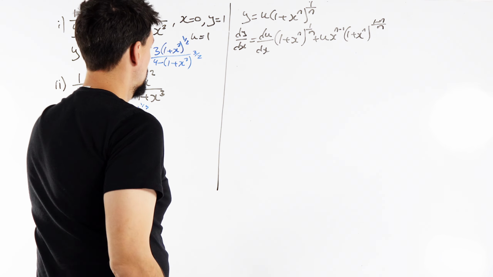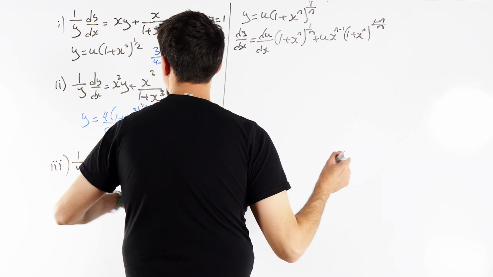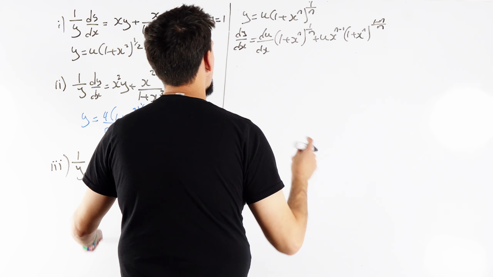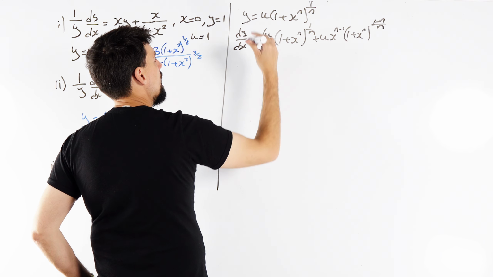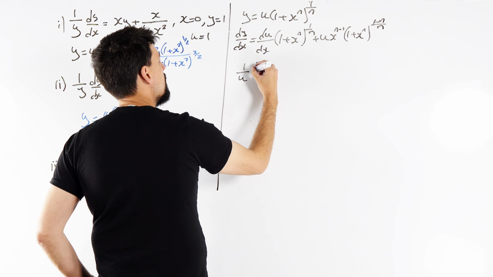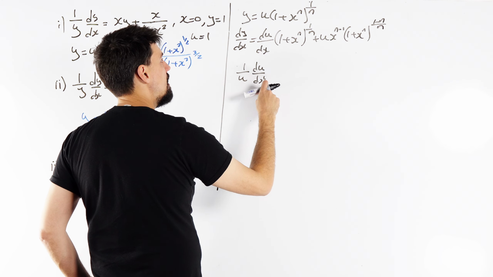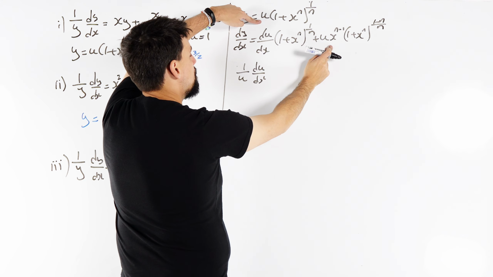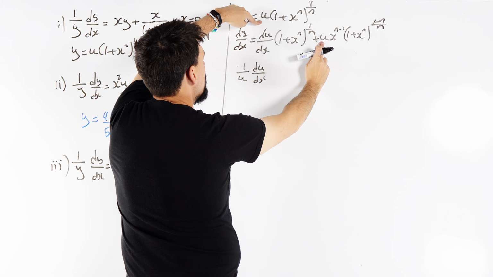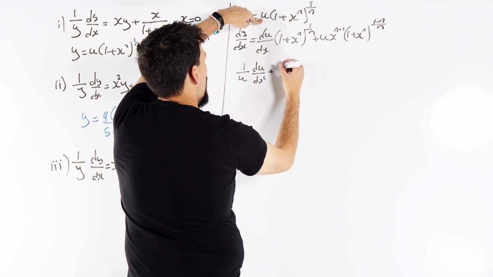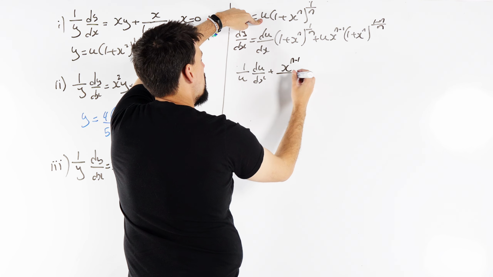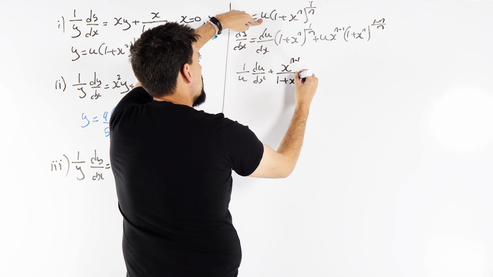Okay. Algebra. Plug it back into there. So we divide all of this by y, which again, at this point, we are seeing what happens, right? That term there gives me 1 over u du dx. Divide that by that. The u's cancel out. I'm left with x to the n minus 1 over 1 plus x to the n.